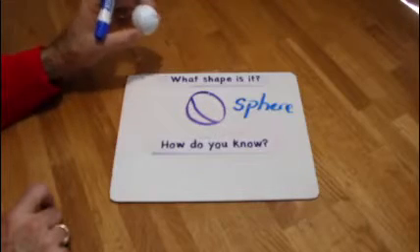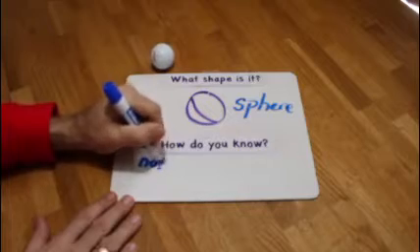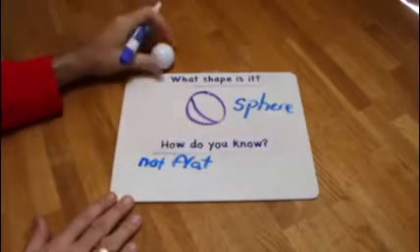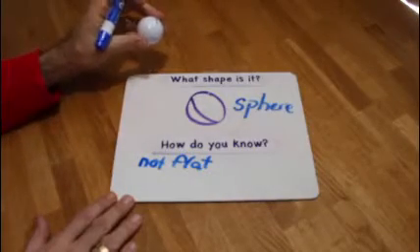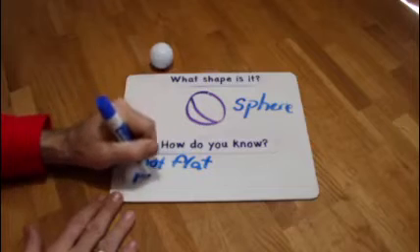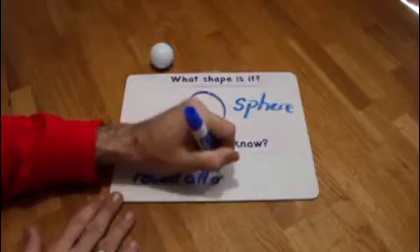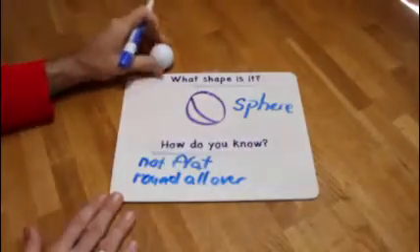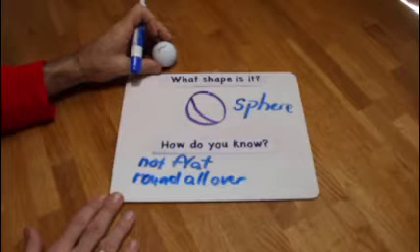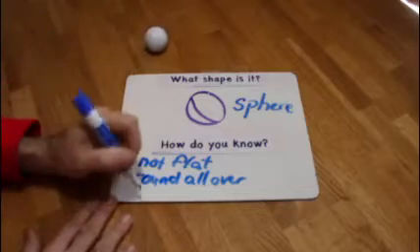Well, first thing, it's not flat. I should have said that about the cube last time, but it's not flat. Okay, it's round all over. It has no faces. Okay? It can roll.